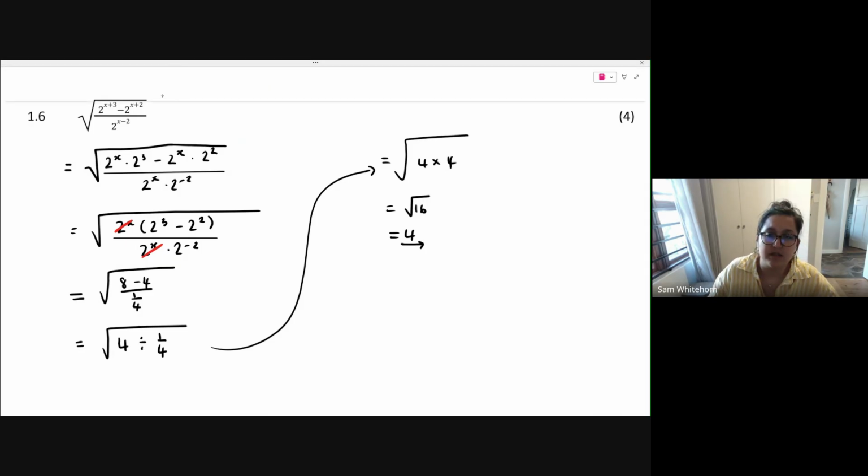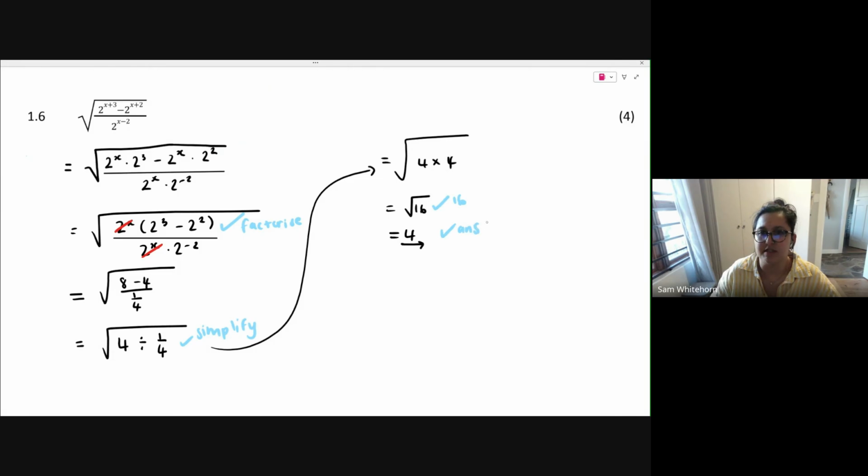This would be considered a more complex question if it was given to you in a test or an exam, just because of that square root. But it doesn't change anything. We're going to factorize, and we are going to simplify. We're probably going to get a mark for that 16 and then a mark for our answer.